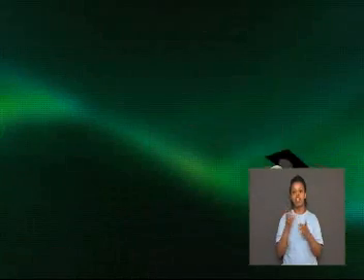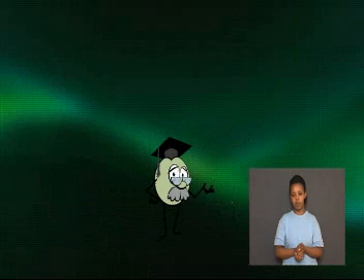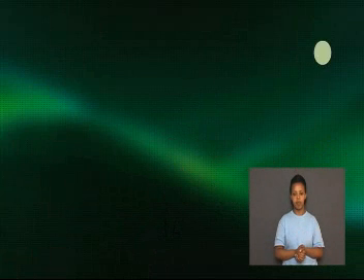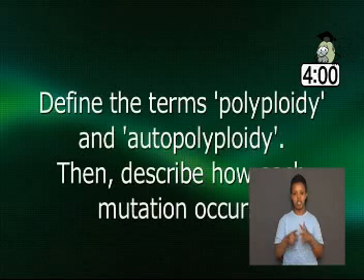Students, please define the terms polyploidy and autopolyploidy. Then, describe how each mutation occurs. Students, let's get ready. Begin.